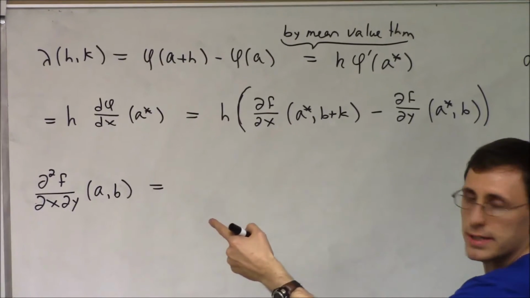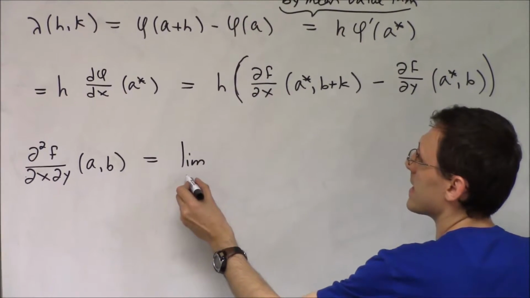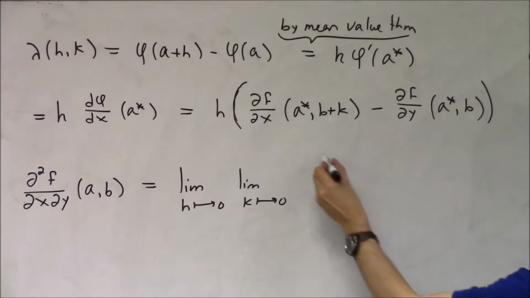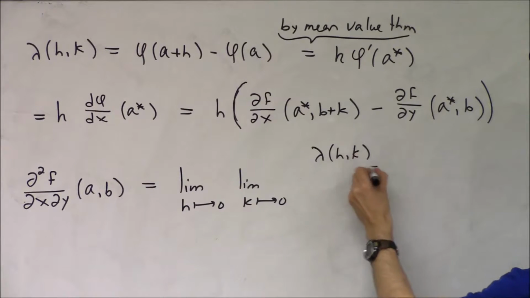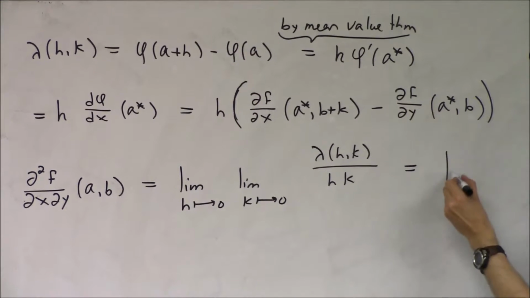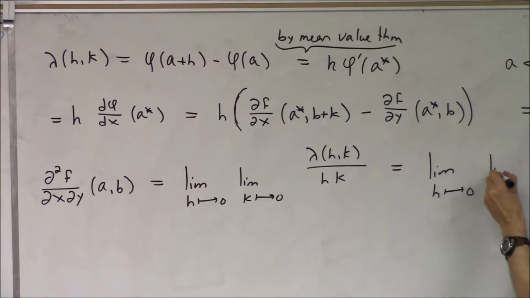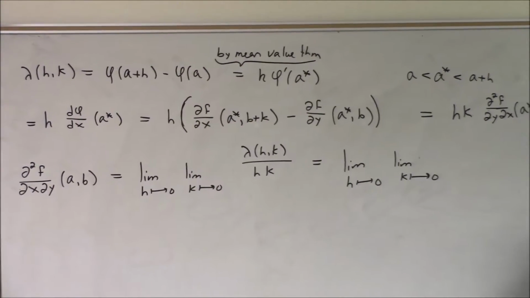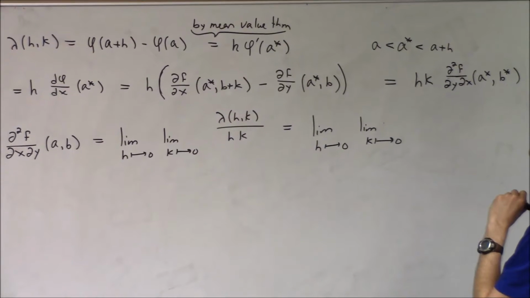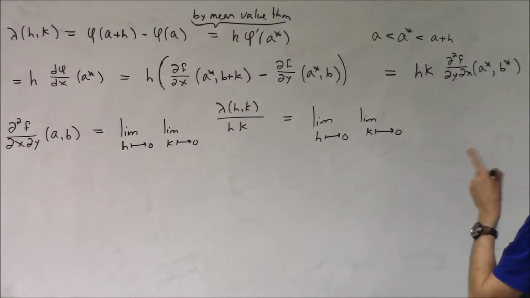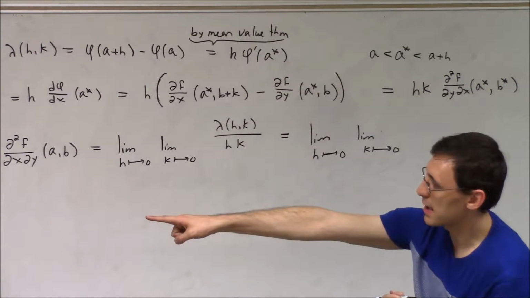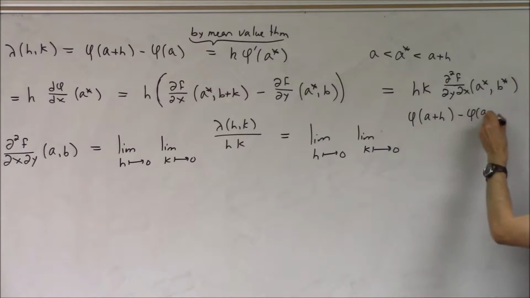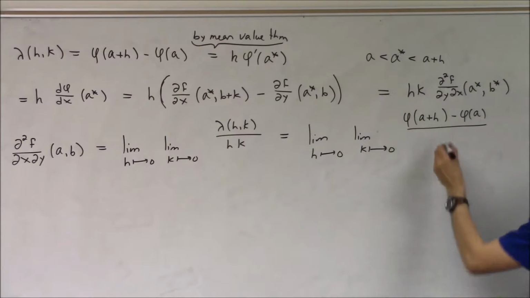This mixed partial, which we assume exists, is equal to limit as h goes to 0, limit as k goes to 0 of lambda hk divided by hk, which is limit as h goes to 0, limit as k goes to 0 of lambda of hk is, remember, lambda of hk is the same as phi of a plus h minus phi of a over hk.